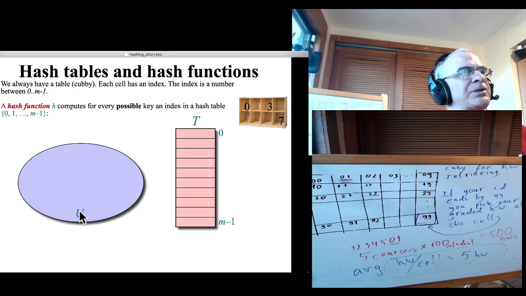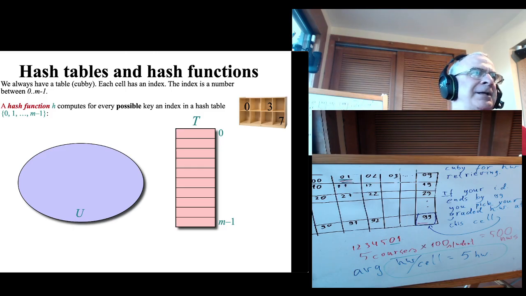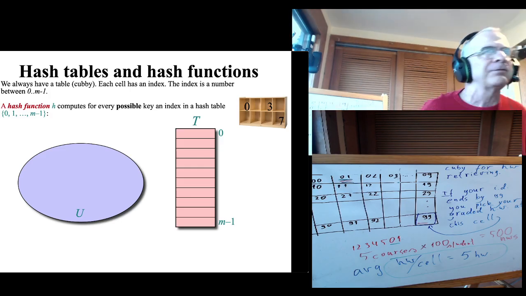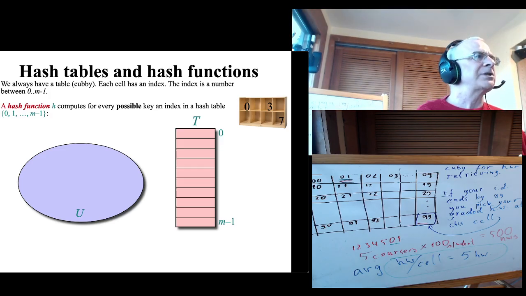For this purpose, for your own student IDs, we will talk about every number that has 16 decimal digits. I think that's what student IDs consist of, 16 decimal digits.